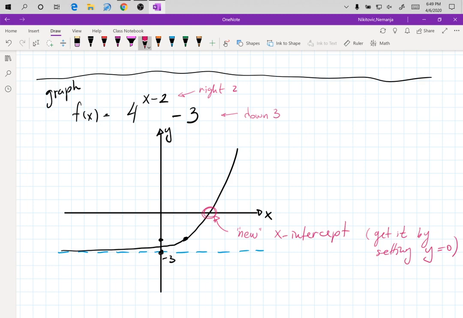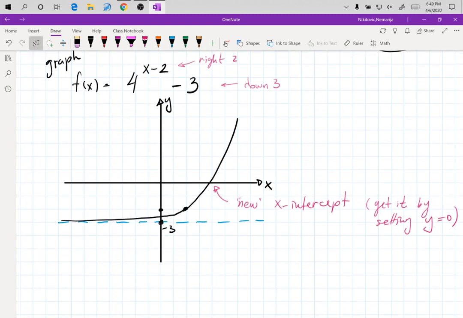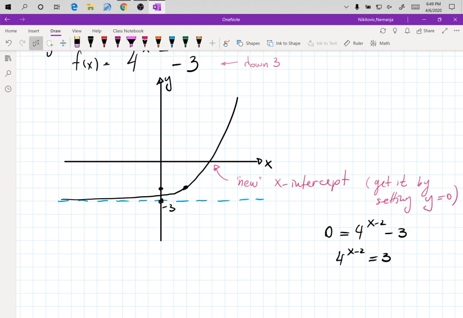Y is 0 there, right? We don't know how to compute this yet, but if I set y to 0, I get 0 equals 4 to the x minus 2, minus 3. So 4 to the x minus 2 equals 3, right? And now we're a little bit stuck.